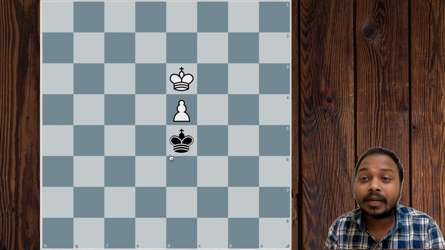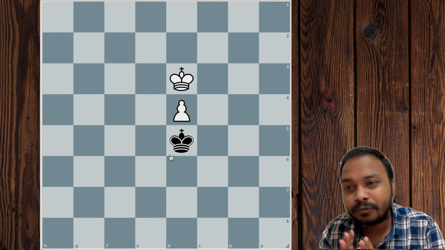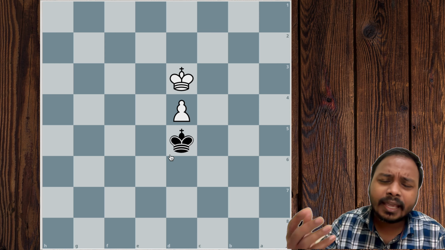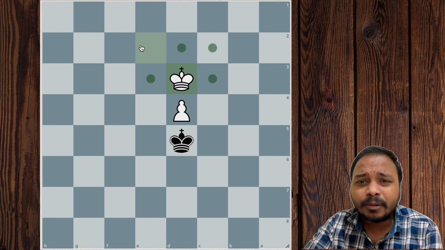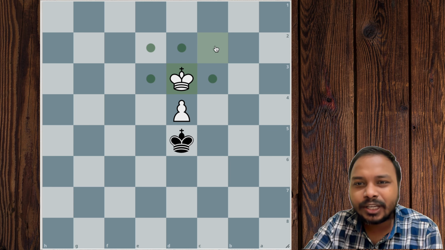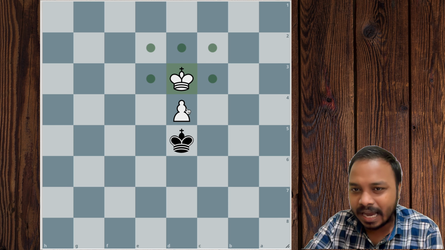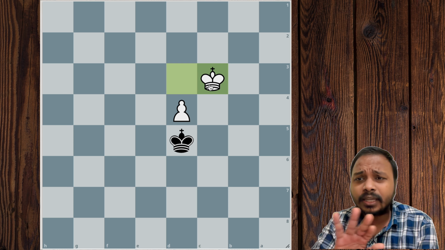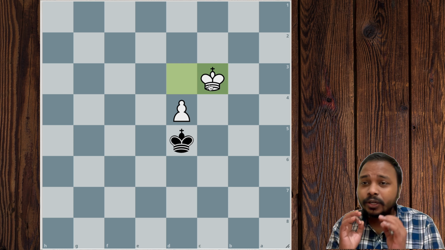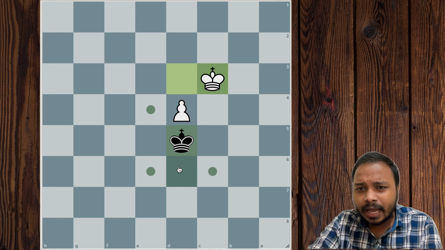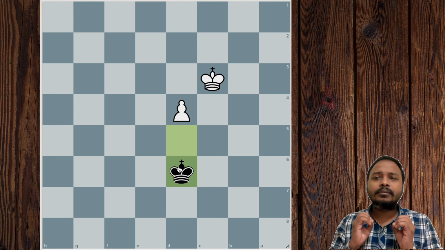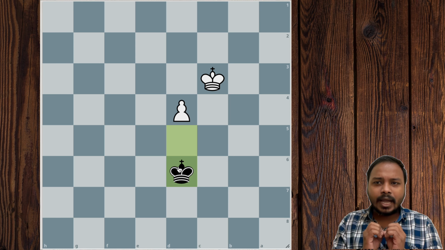So what will happen, and how will black hold? Example, this position, white just played. If white plays e2, d2 or c2, the king will simply capture the pawn. So what you have to do with the black king is just move back and wait.